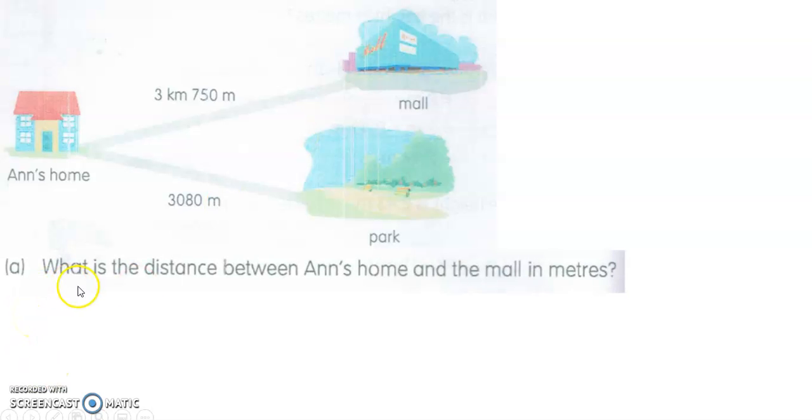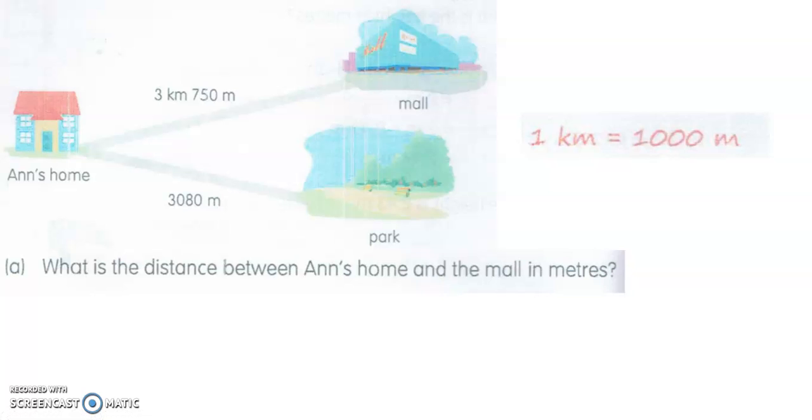Question number A. What is the distance between Ann's home and the mall in meters? Alright, it's 3 kilometers 750 meters. We're going to change the units into meters, but before that we need to know that 1 kilometer equals 1000 meters.